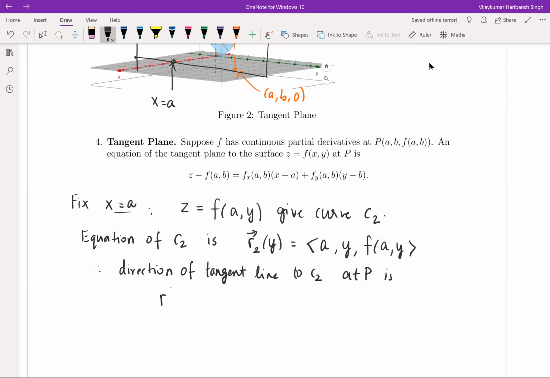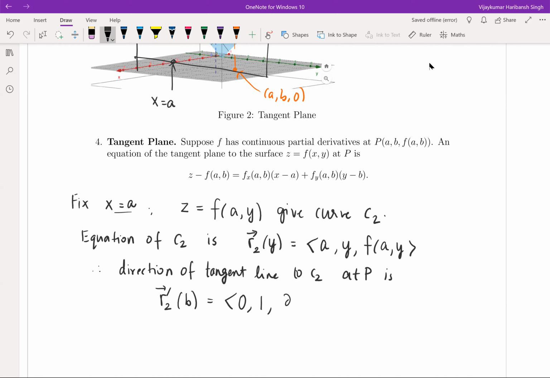R2 prime, but instead of Y, you are evaluating it at what point? You're evaluating it at B. So derivative of this is 0 with respect to Y. Derivative of this with respect to Y is 1.